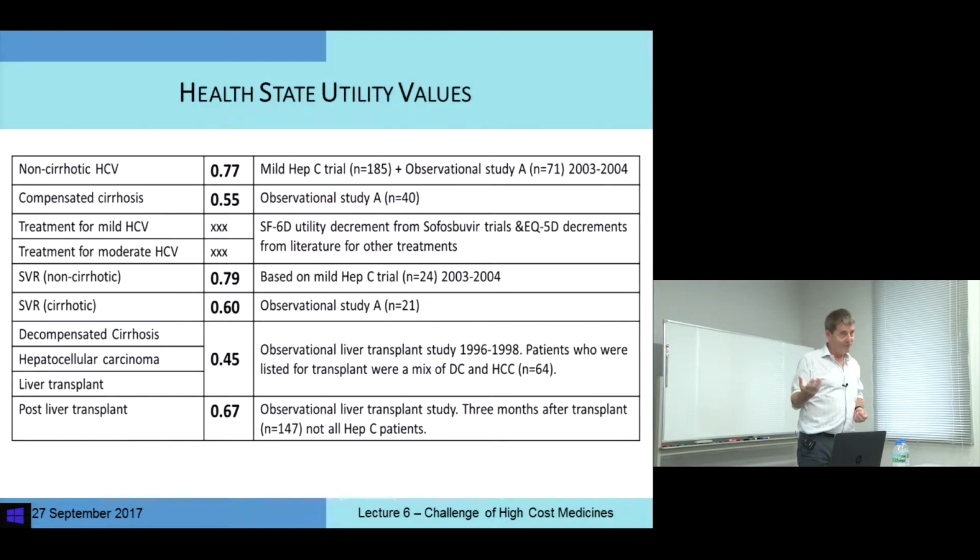If that's not possible, there's something called mapping, where you can maybe predict values by using some other measure. But yes, so there's guidance, a methods guide that says this is how we would like it done, and gives alternatives if that's not possible.